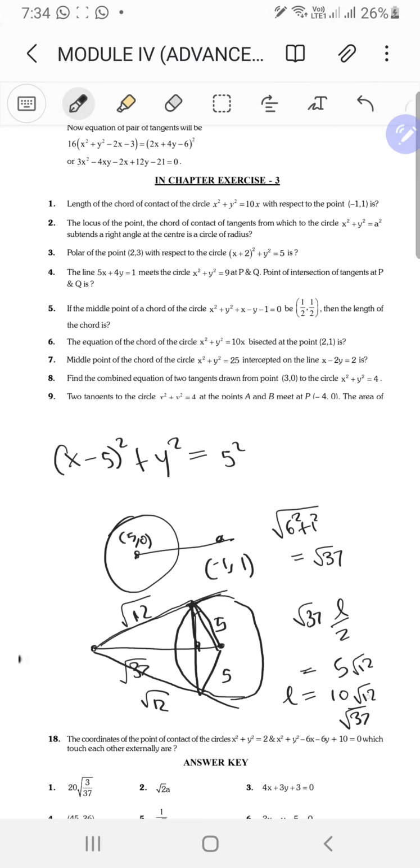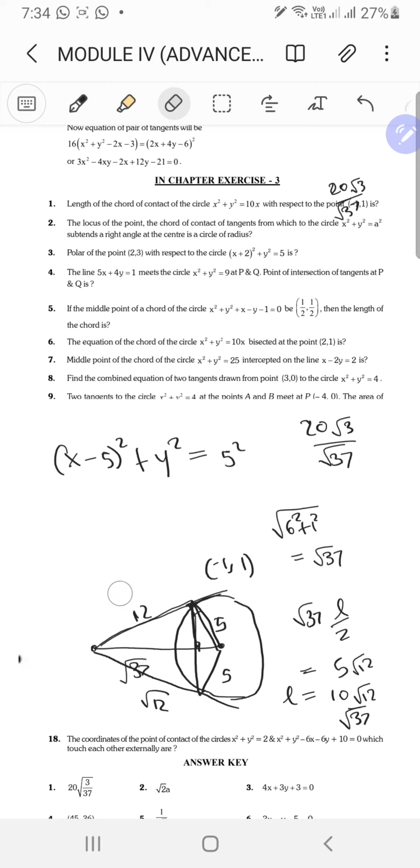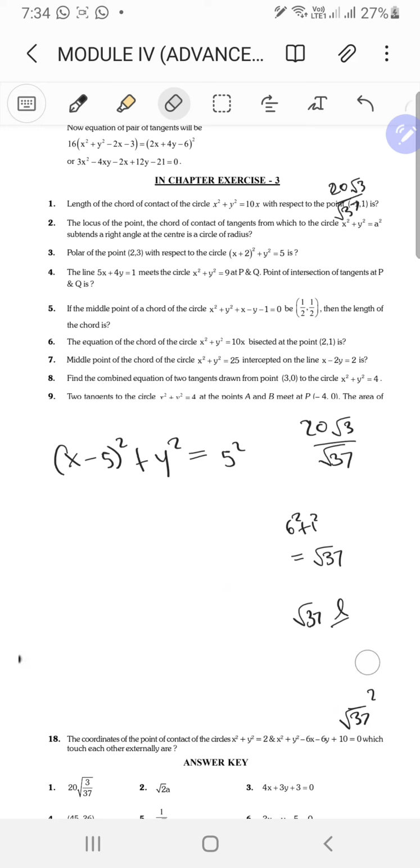Square root 12 is just 2 square root 3, so this is 20 square root 3 upon square root of 37. So the length of the chord of contact is 20 square root 3 upon square root 37. That's what we think it is; we don't know if it is correct. Next question.